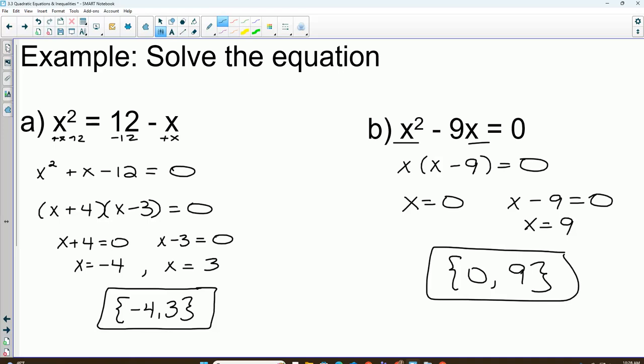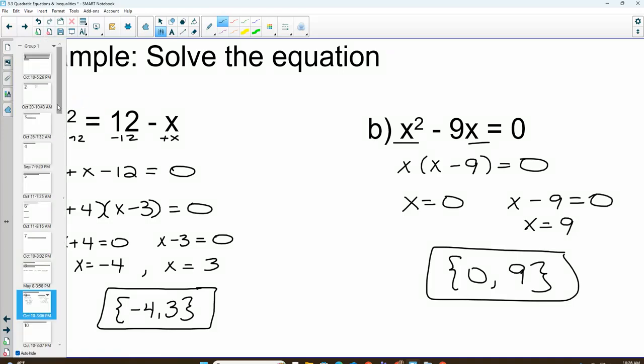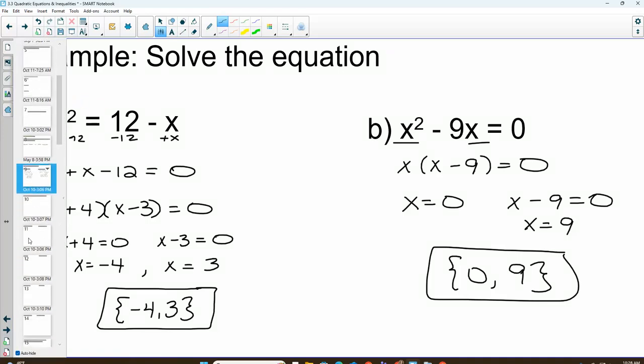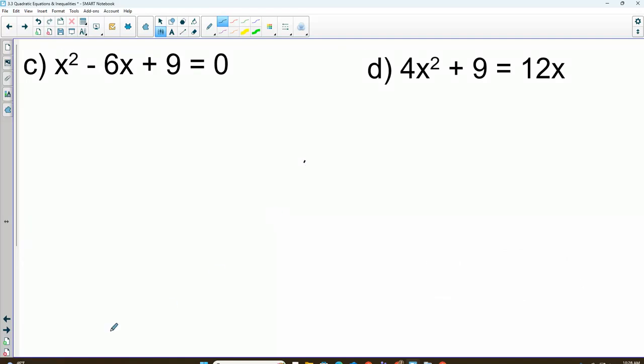Let's do 2 more and then we'll stop for today. So on C, it's already equal to 0. I need two things that multiply to 9 and add to -6.